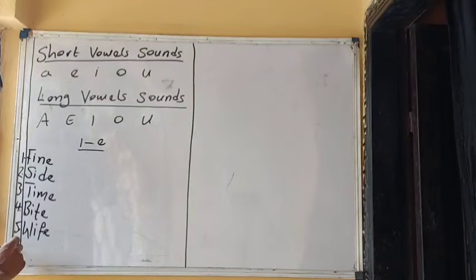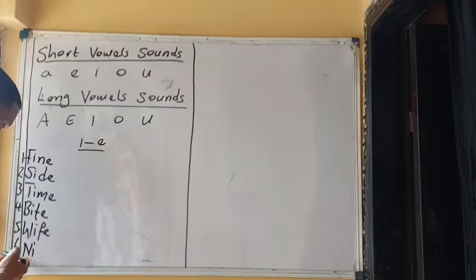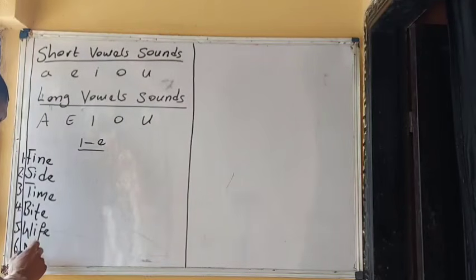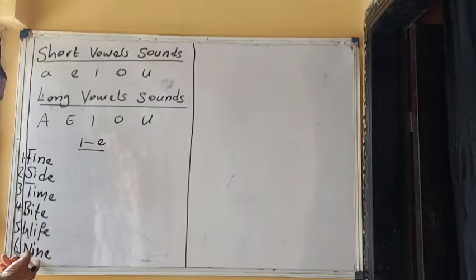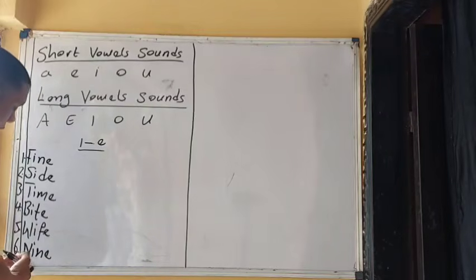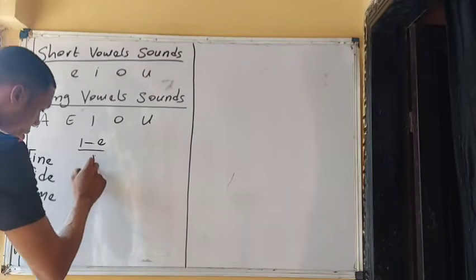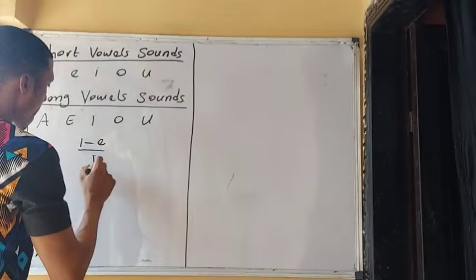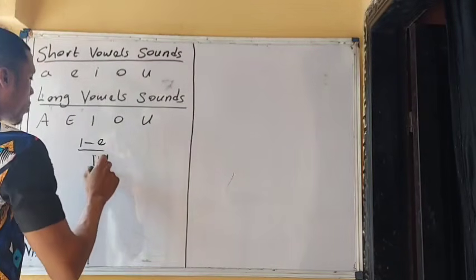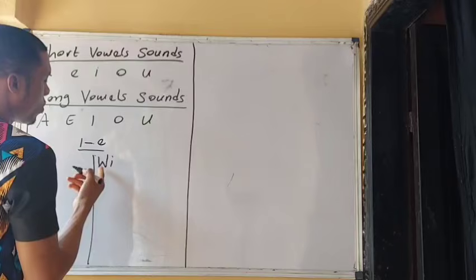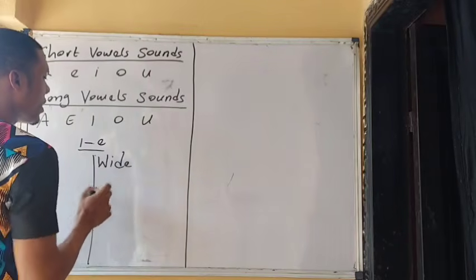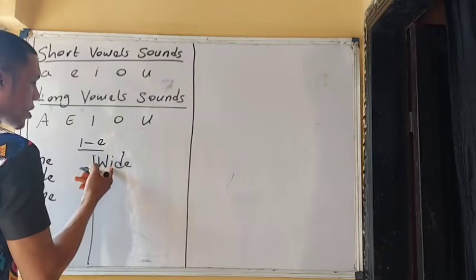Number six, n-i is "ni", but if I add n-e to it, it becomes nine. Is that clear? Nine. w-i is "wi". If I add d-e now, this E will change this to the "I" sound.